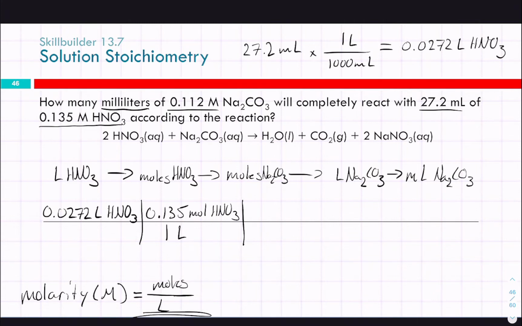So we have 2 moles of nitric acid for every 1 mole of sodium carbonate. This will be 1 mole Na2CO3 for every 2 moles of nitric acid.